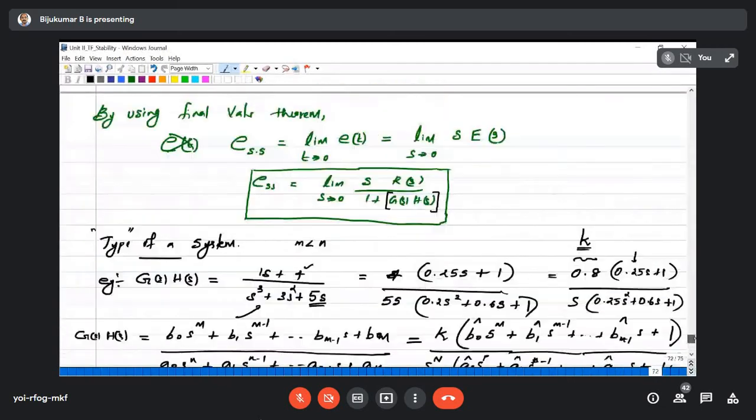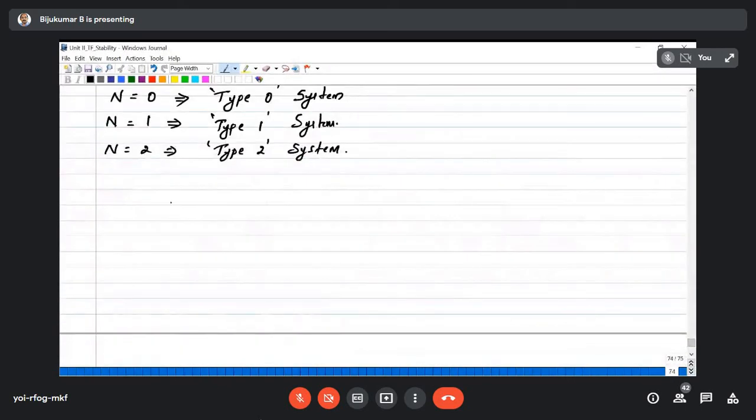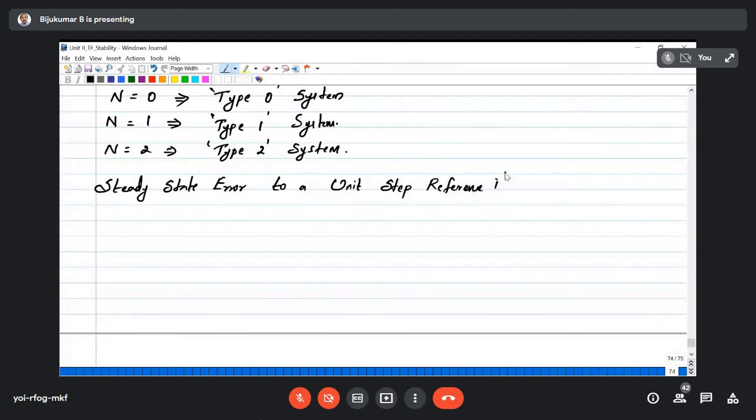So first we will consider the step input. So we can calculate the steady state error to a unit step reference input. So I am feeding a unit step input as the reference.